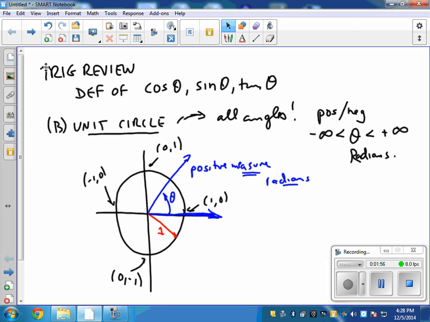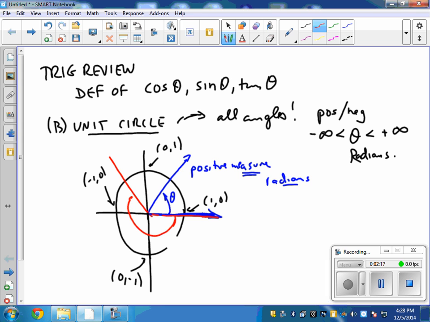And if we go in the clockwise direction, say here, again starting from the positive x-axis, but now rotating, let me take away my radius here. If we rotate in a clockwise direction, we'll end up with negative angle measures. So again, you can rotate as far as you want, even past 180 degrees.